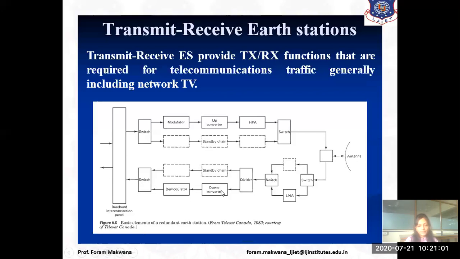The signal is down converted with the help of a mixer, then demodulated by the demodulator, and with the help of the switch the signal comes over here to the baseband interconnection panel. So this is the block diagram of the transmit receive earth station.